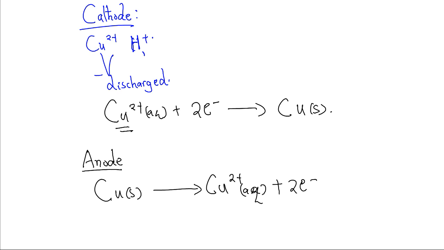Once they migrate to the cathode, they get reduced to form copper solid, which is pure. That is all about electrolysis of copper 2 sulphate solution.